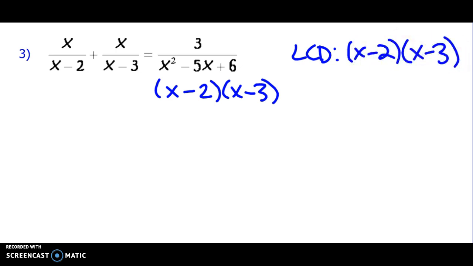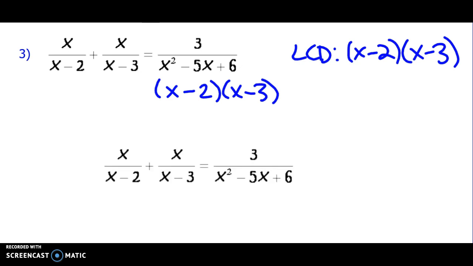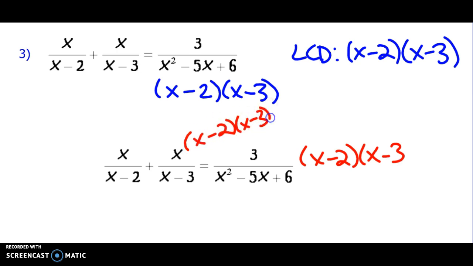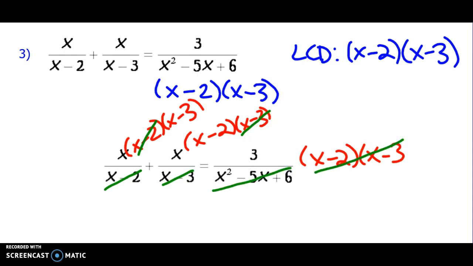So we would multiply this side by x minus 2 times x minus 3, and we would multiply this factor by x minus 2, x minus 3, and this factor by x minus 2, x minus 3. So we would get the minus 2 in this one to cancel, the minus 3 in this one to cancel, and all of this is the same as x minus 2, x minus 3.